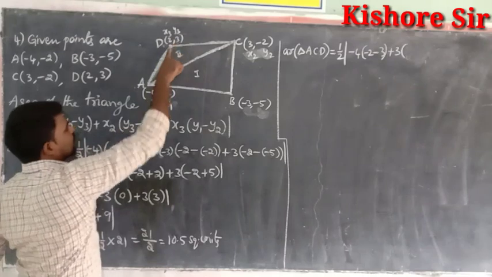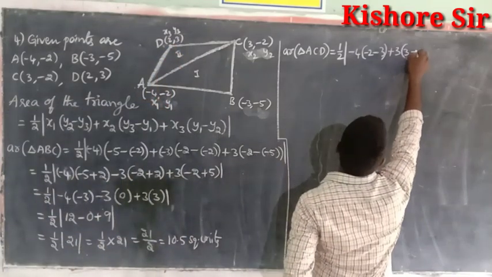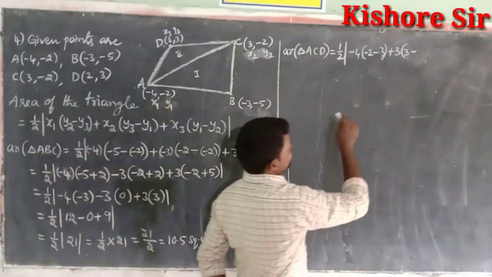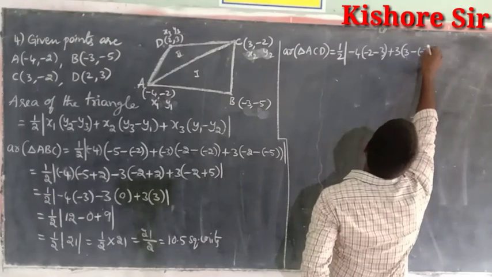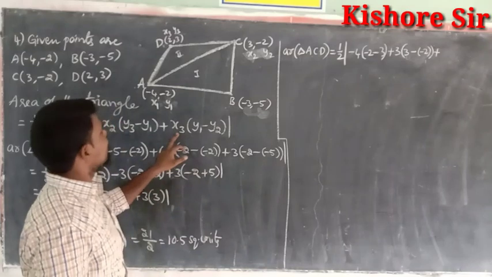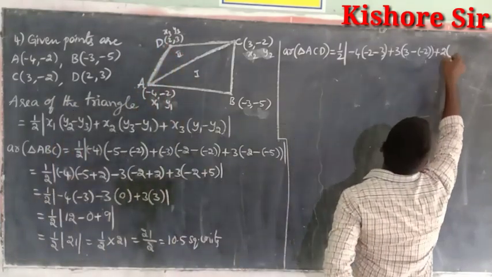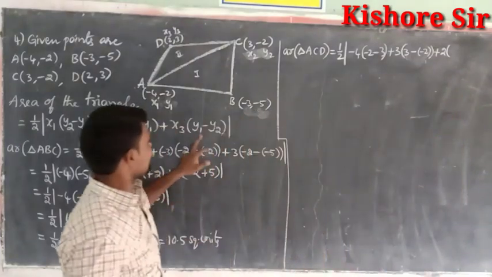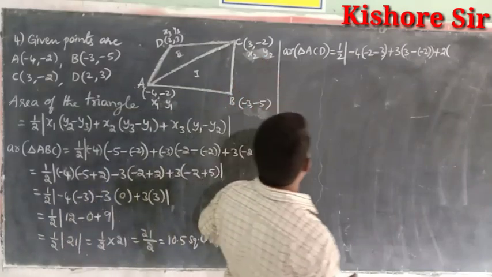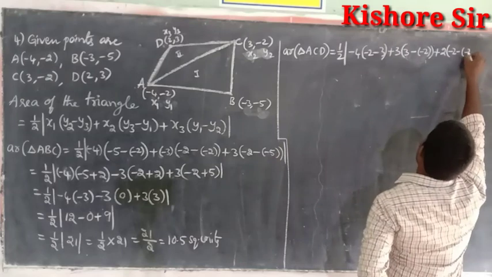Y3 value 3, y1 value minus 2. Plus x3, x3 value 2, 2 into y1 minus y2. Y1 value minus 2, y2 value is also minus 2. So y1 minus y2 is minus 2 minus minus 2.